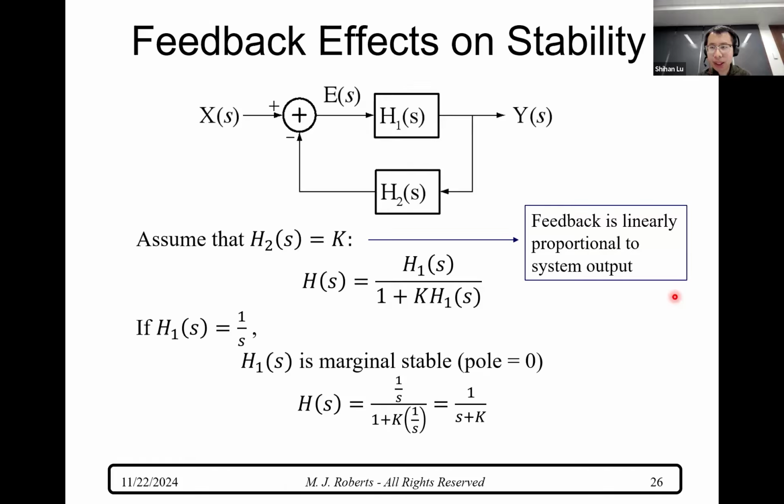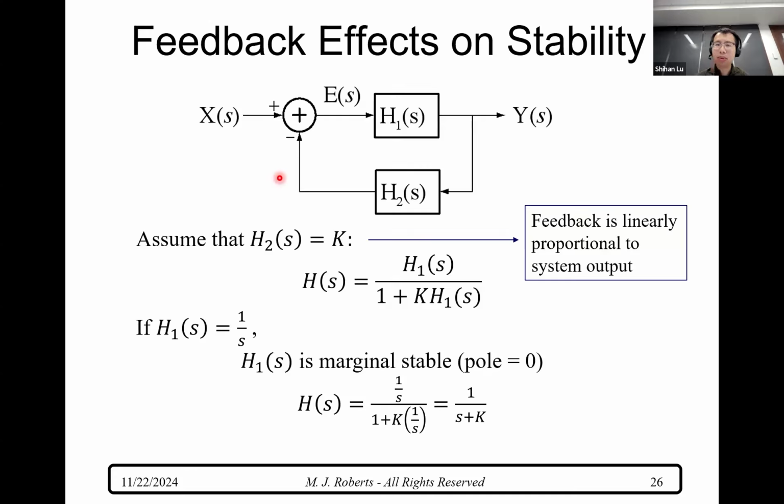Let's first take an example. Remember, the transfer function on the feedback path, H2 of S, is the sensor. Simply, it takes the current system output Y of S and does some mapping to convert it into a specific form which can be integrated with the current system input.